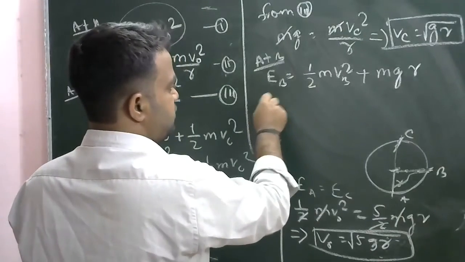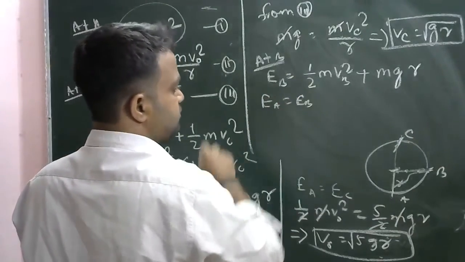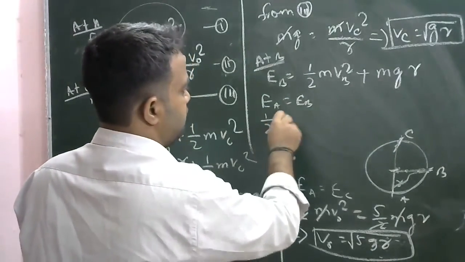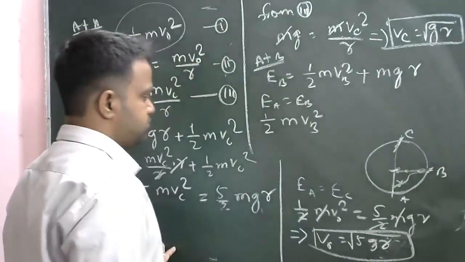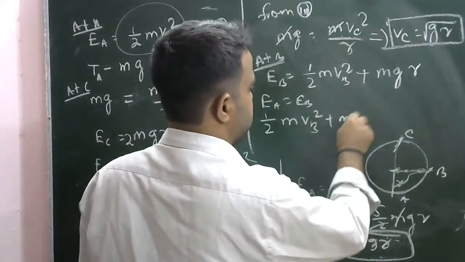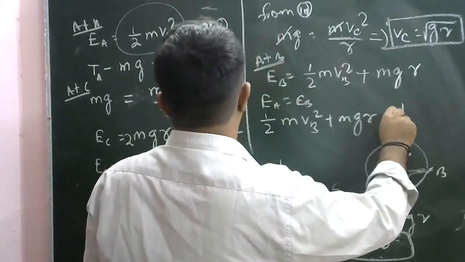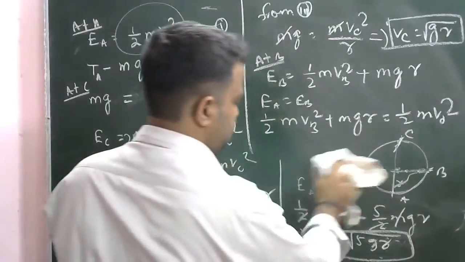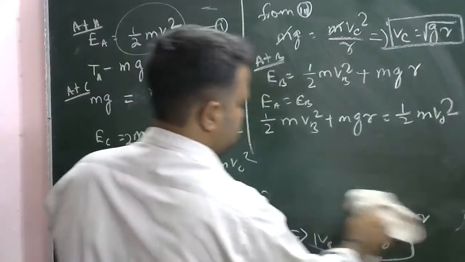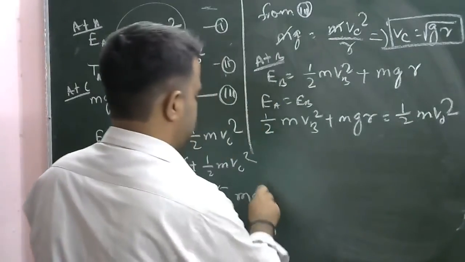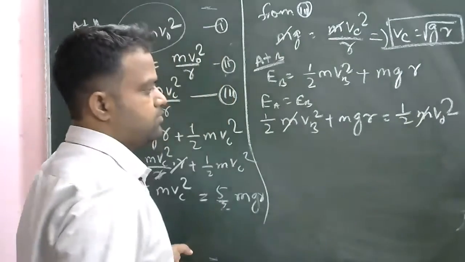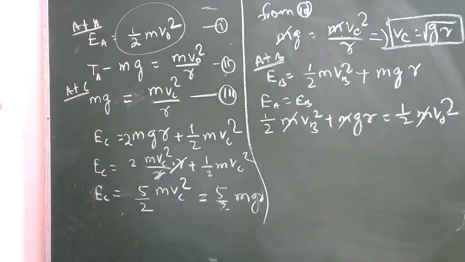So you can write that EA is equal to EB. So half mVB square plus mgR is equal to half mv0 square. Now you can cut m, m cancelled out.